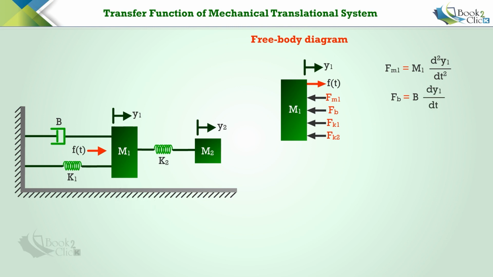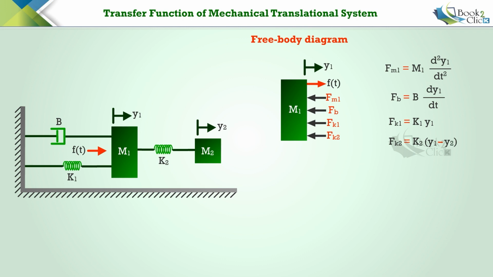The opposing force F K1 offered by the spring K1 equals K1 multiplied by displacement y1. The opposing force F K2 offered by the spring K2 equals K2 multiplied by displacement y1 minus y2.